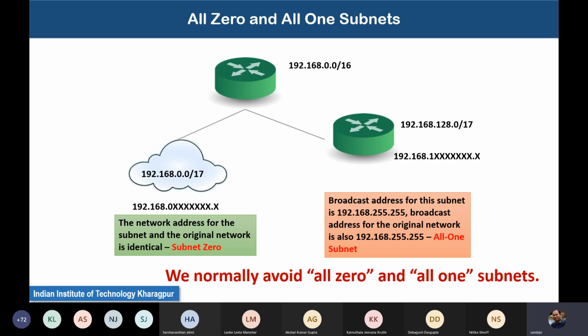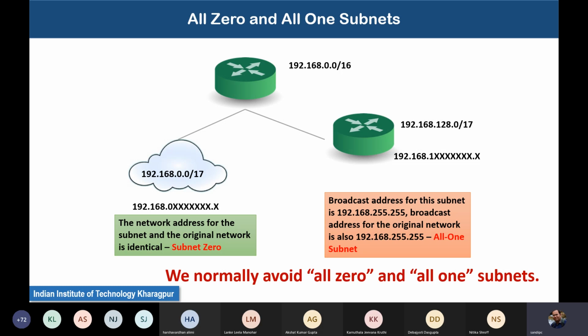Okay, now say you got a pool of IP addresses 192.168.0.0/16. Now if you consider an all 0 subnet, then the network IP of this subnet becomes 192.168.0.0/17.